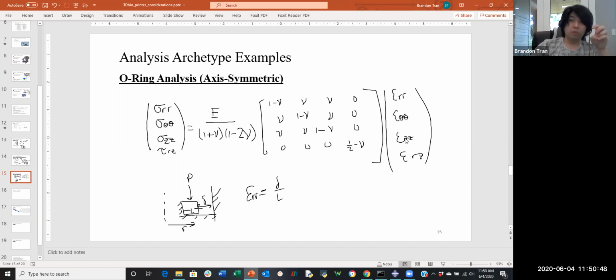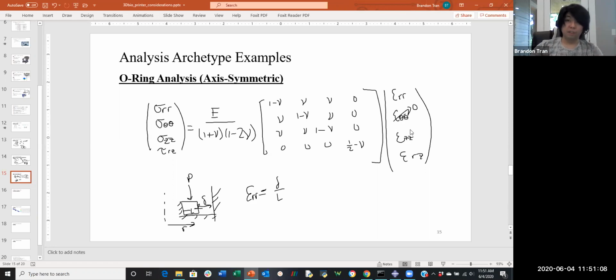I'm going to assume that epsilon theta is 0. If you look at a point and we compress the O-ring, it does not expand in the tangential direction, or it doesn't move in the tangential direction. So I'm going to assume this is 0.